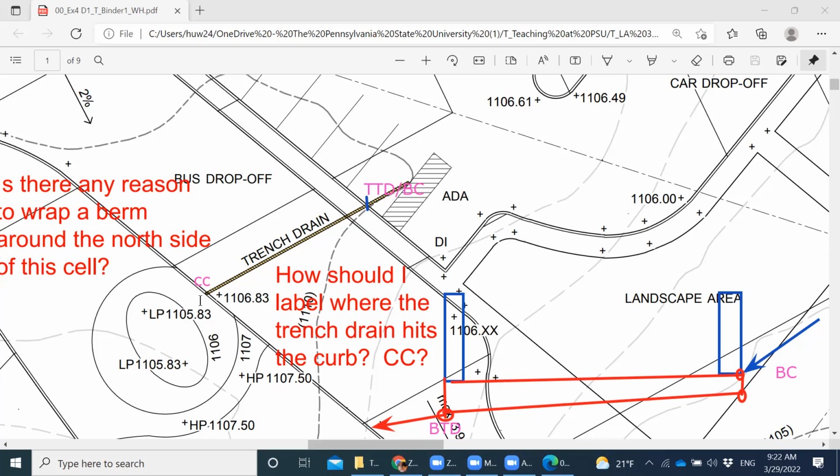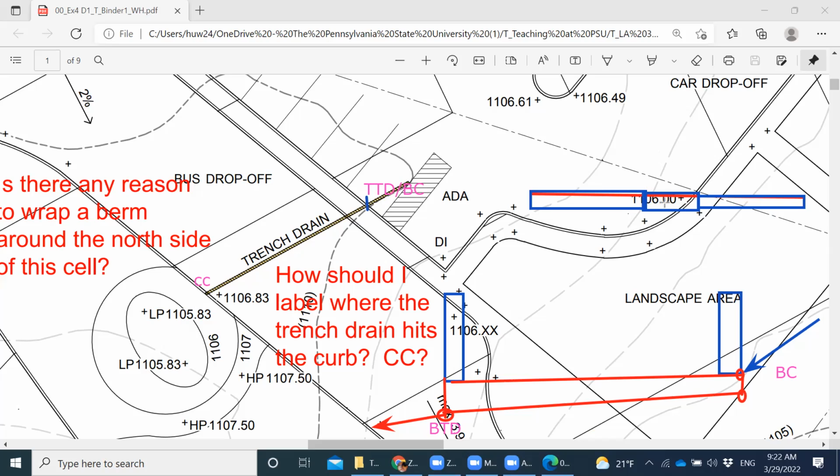This one is a curb cut. Yeah, if you think about the surface, the face of the curb, you don't necessarily have a cut here. Actually, this portion is closed.